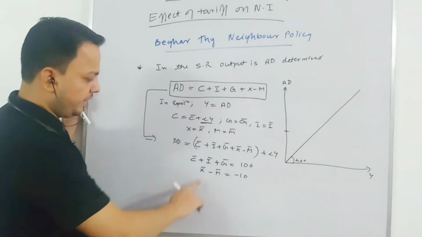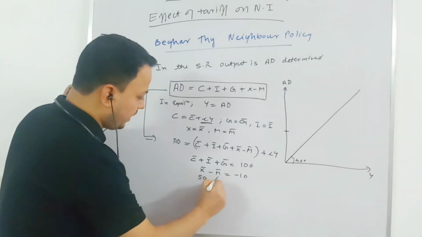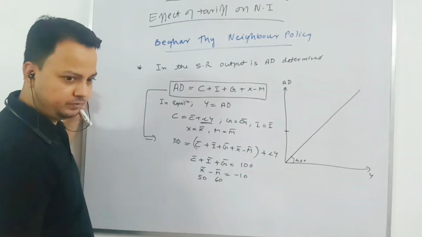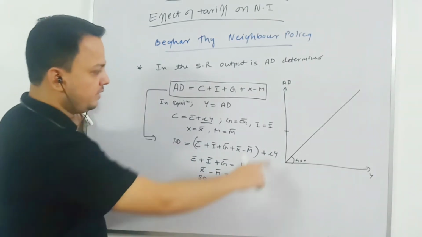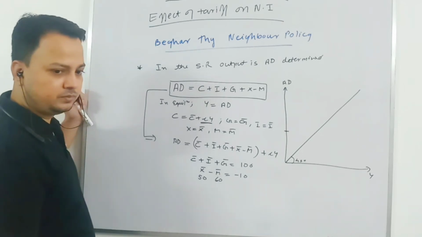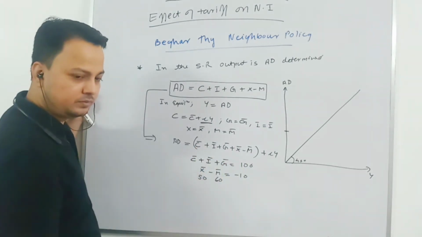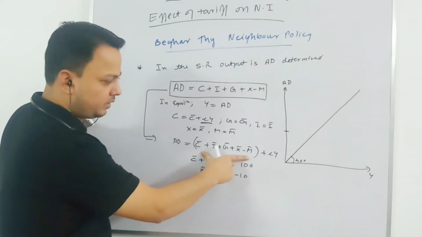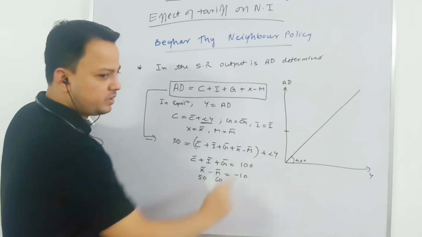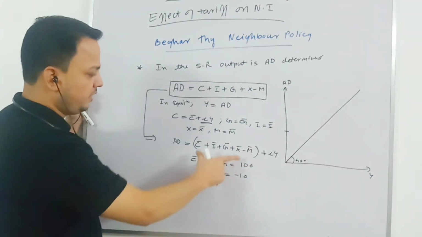Export minus import of minus 10 means I am exporting 50 units and importing 60 units. So what will be my aggregate demand intercept? This part will be my intercept, and this is plus small c Y. From here I get the slope.